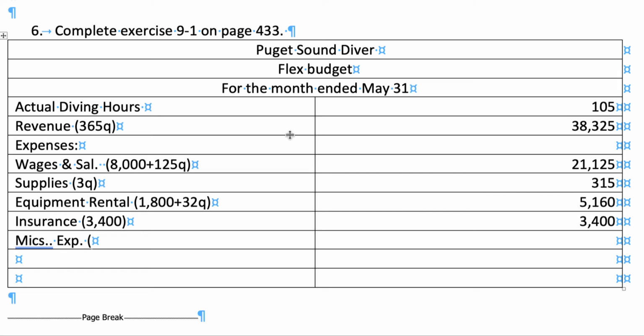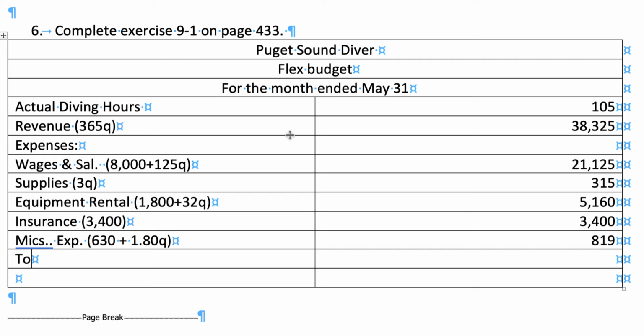They give us the cost formula. Cost formula is $630 plus $1.80 times the driver. Okay, so $630 plus $1.80 times 105 gives us $819.